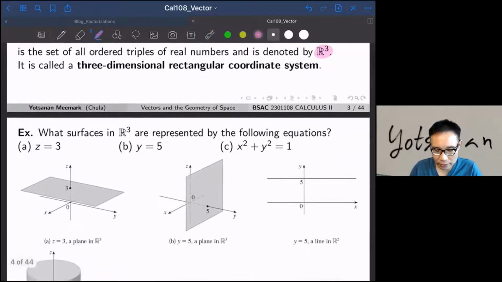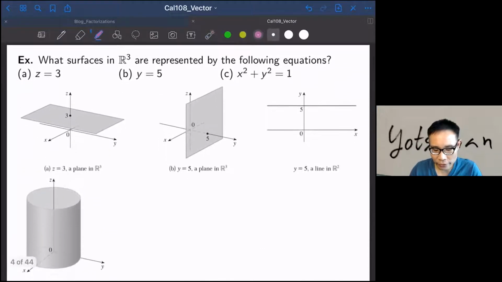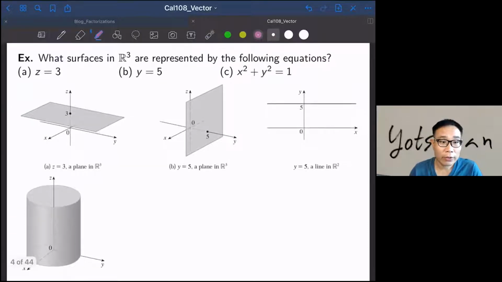The next one is going to be about the surface in R3. The surface in R3 that I would like to introduce to you is going to be the constant surface first. The constant surface is going to be z equal to -3. When we are discussing z equal to -3, it's going to be just a piece of paper that you can see here.